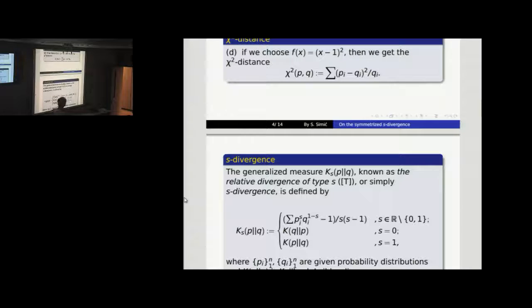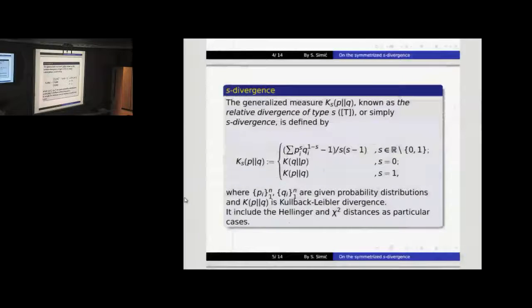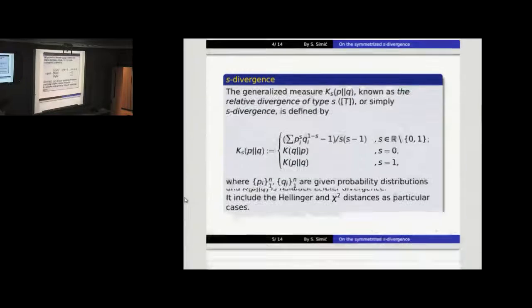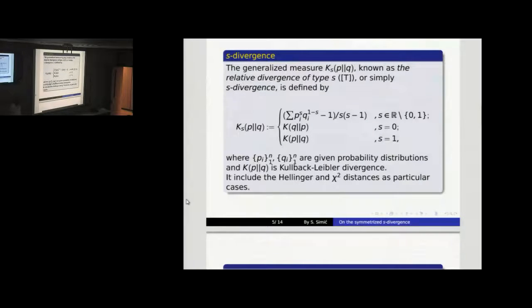And as I said, Tanea showed that this divergence is convex. But we know that it is in fact logarithmically convex, which is a stronger property.